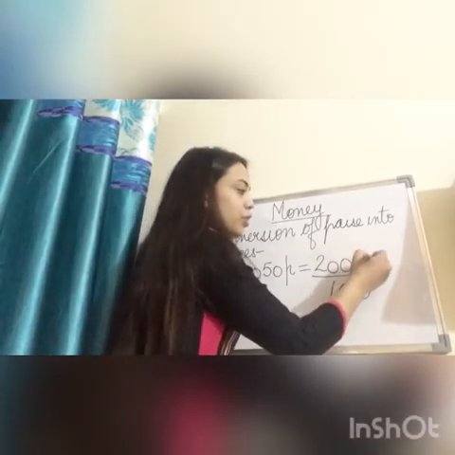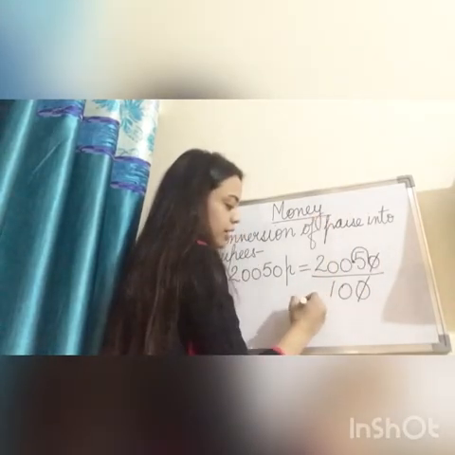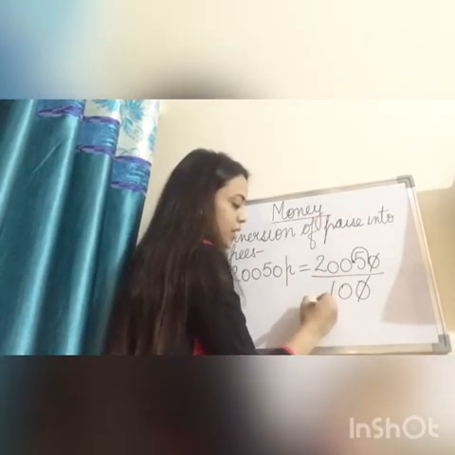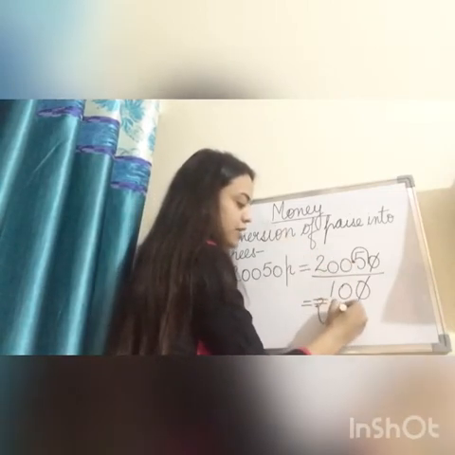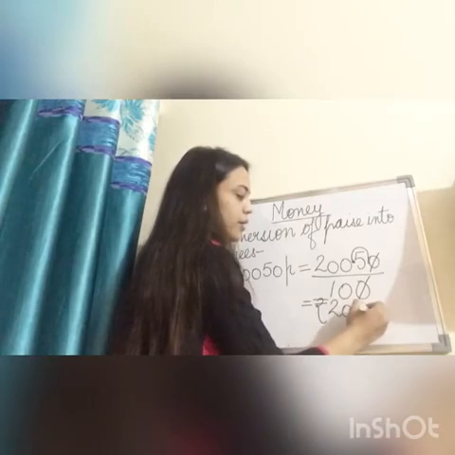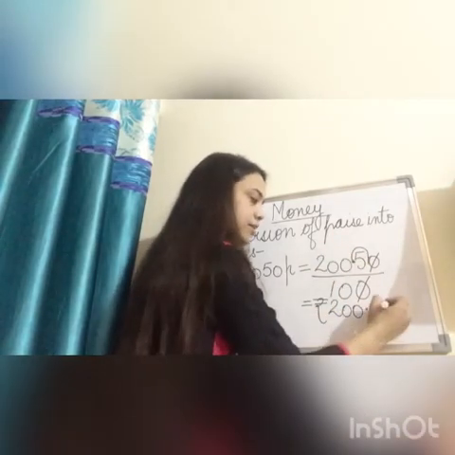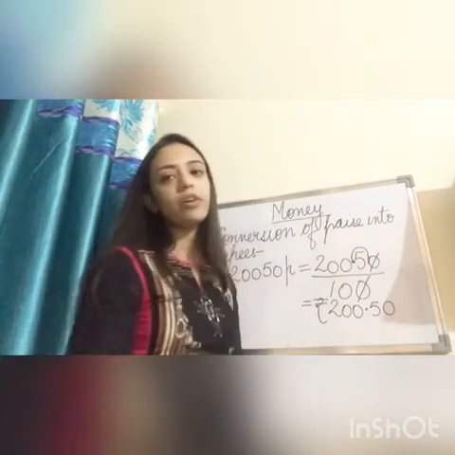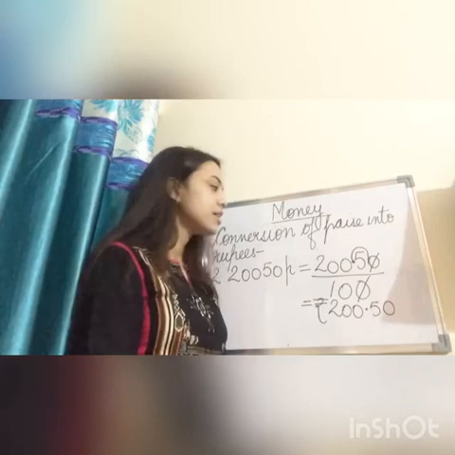One 0. So you will shift the decimal here. So the answer will be in rupees. Now before the decimal, all the numbers represent rupees. 200.5 and 200.50 are the same. You can write 0 or you can leave it out. Both the answers will remain the same.